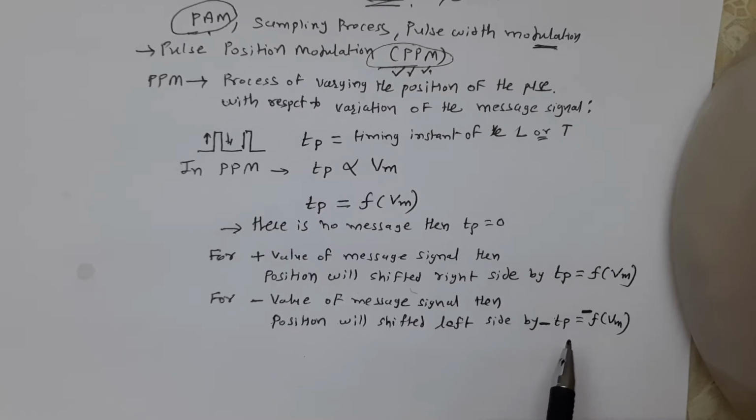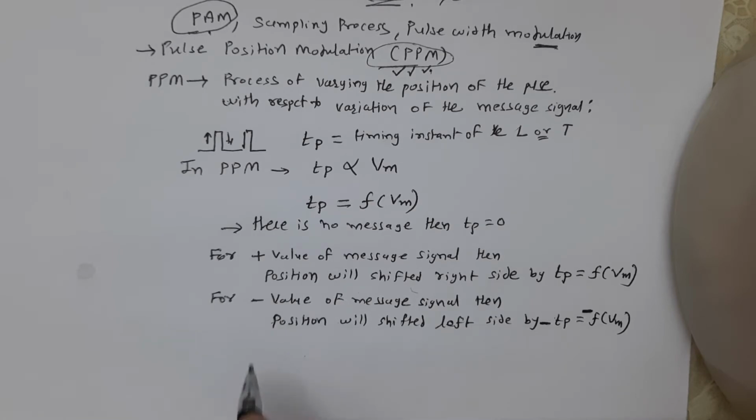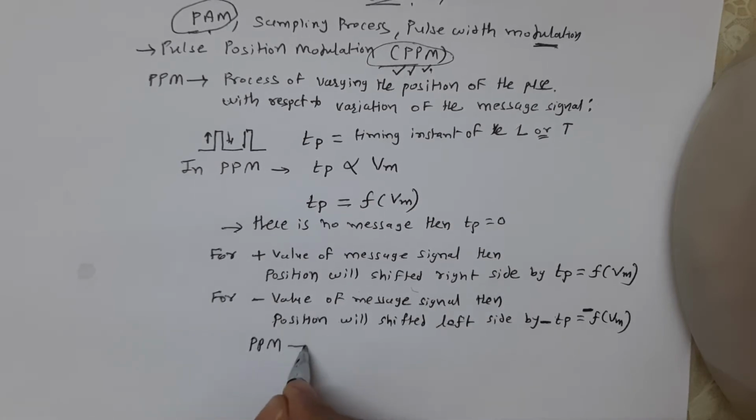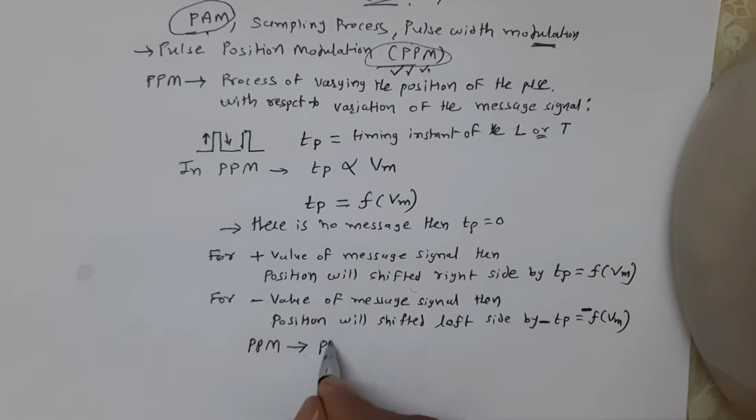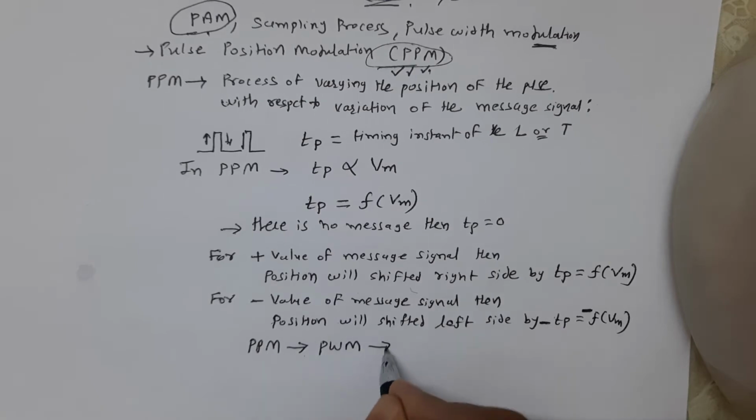One way of generating PPM is to generate PWM and post-process the same to get PPM. So first we generate the PWM and then we get the PPM.